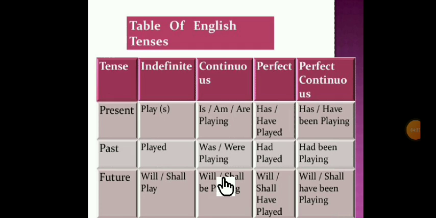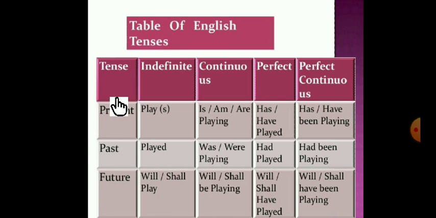The very basic of the tenses. What is it? It is a table of English tenses. So it is a very important one, a very basic one. Understood? All right. So here we have this tense table. It is divided among present, past, and future. What are they?